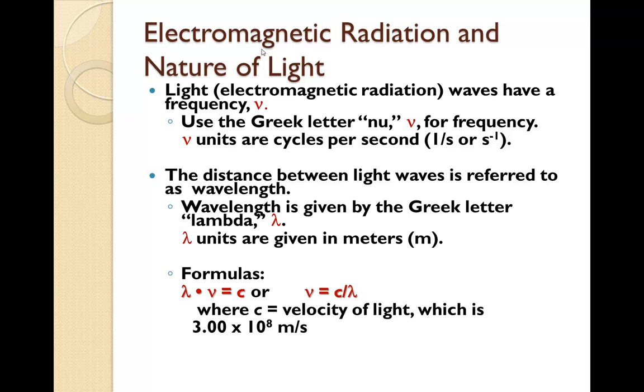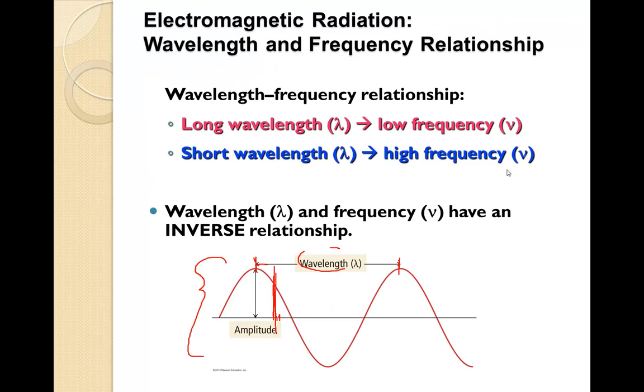Light, electromagnetic radiation, waves have a frequency. This funny looking symbol here that looks like a V is actually the Greek letter nu, and it stands for frequency. The units are per second, so it's 1 over seconds, or seconds to the minus 1, and that's what I was referring to in this graph.